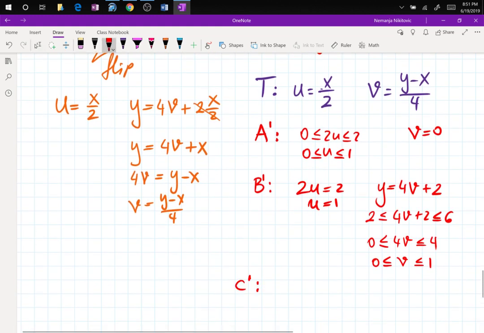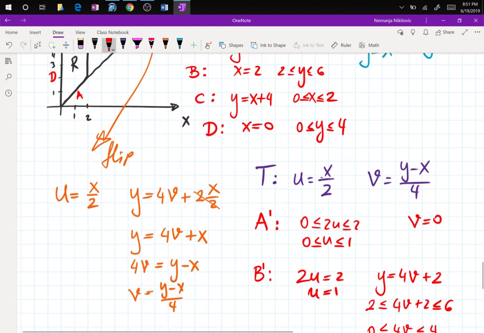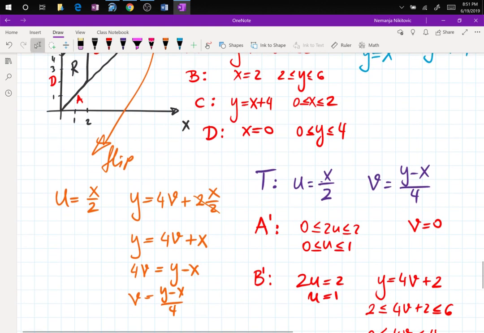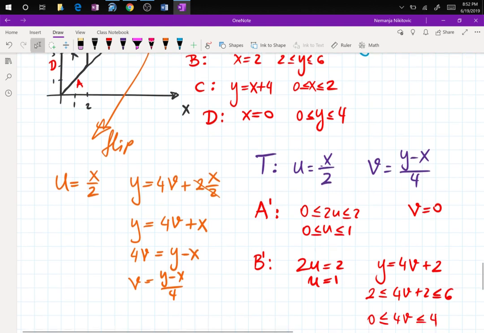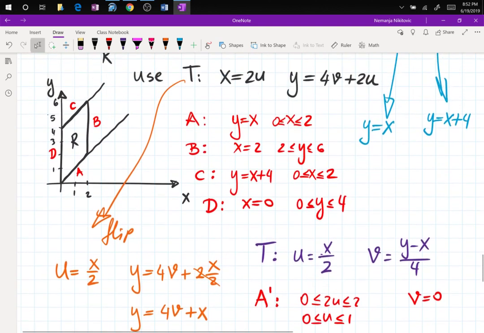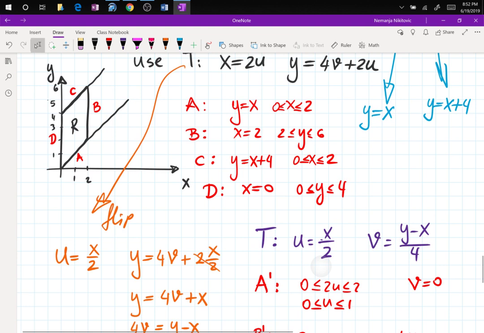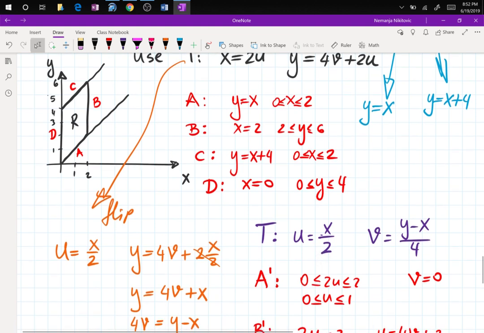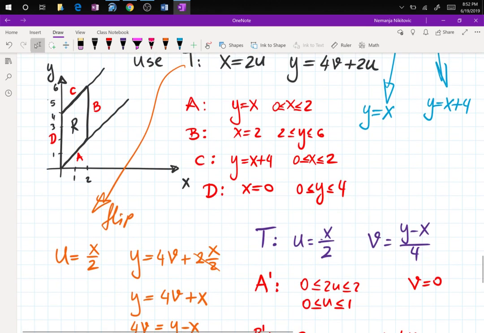C prime. For C, we have y is x plus 4, and x is between 0 and 2. No, x is equal to 2u.